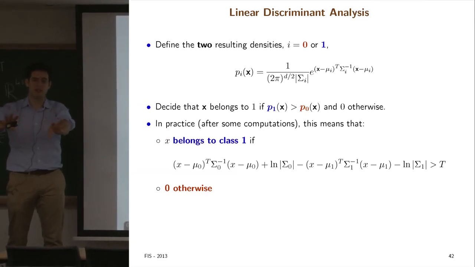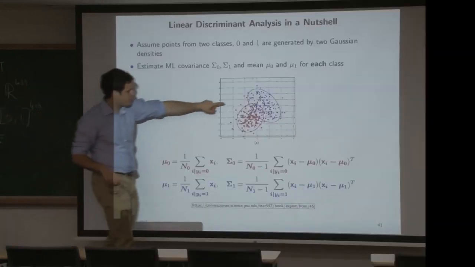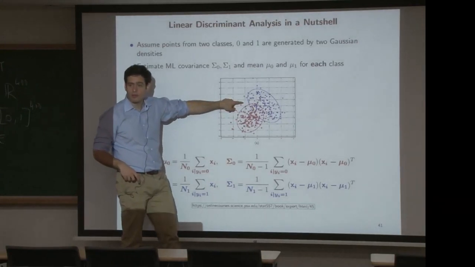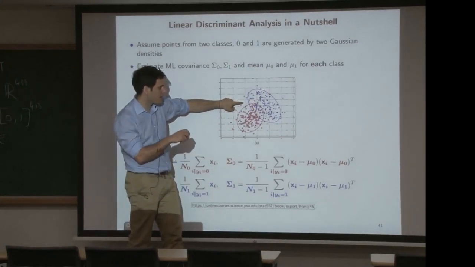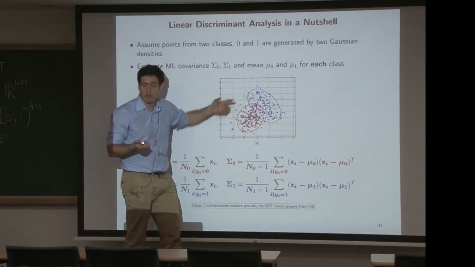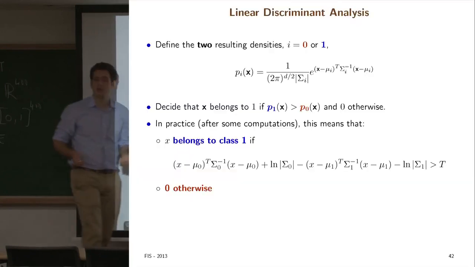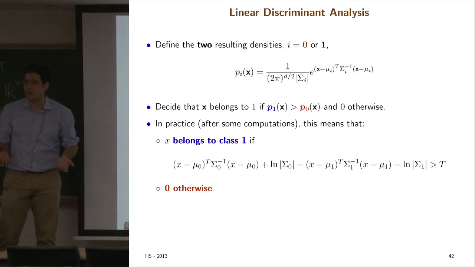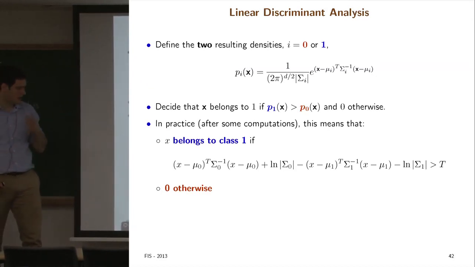In that case, it's a multivariate Gaussian. And then you just say, if there's a new point that arrives here, let's put it here, I will compute the probability that it has been generated by this multivariate Gaussian, or by this multivariate Gaussian, and the biggest wins. The one that gives me the highest probability wins, and I just decide this.